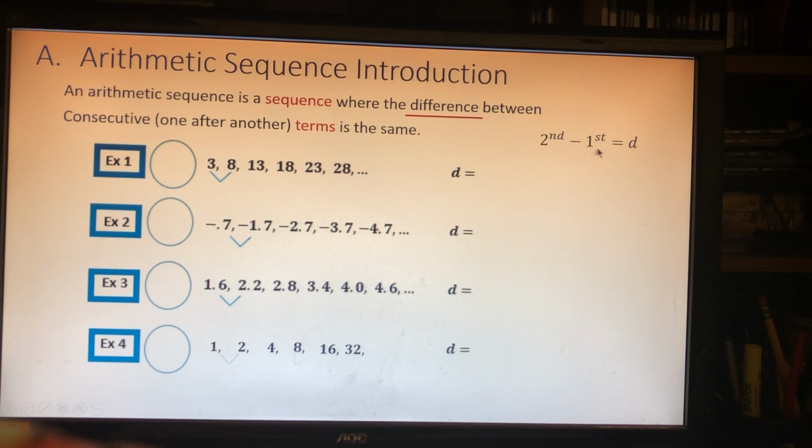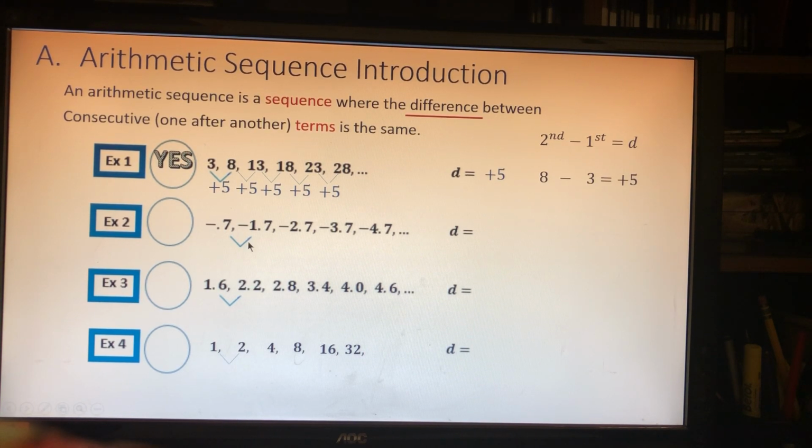So second term minus the first term, 8 minus 3 gives us positive 5, so we'll write that down here. Then we check the third term minus the second term and the fourth term minus the third term. If all the differences are plus 5, which they are, like 13 minus 8 is 5, then there's a common difference of plus 5, and that means this is an arithmetic sequence.